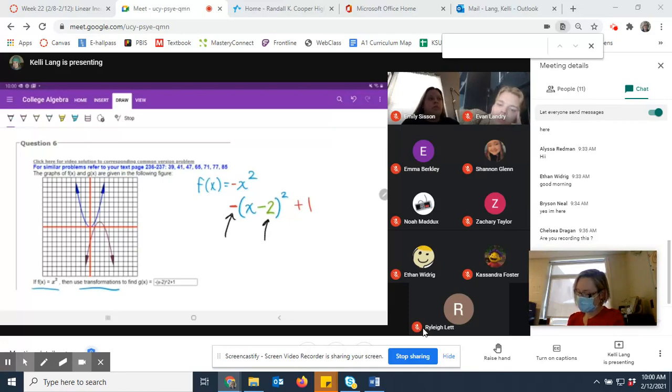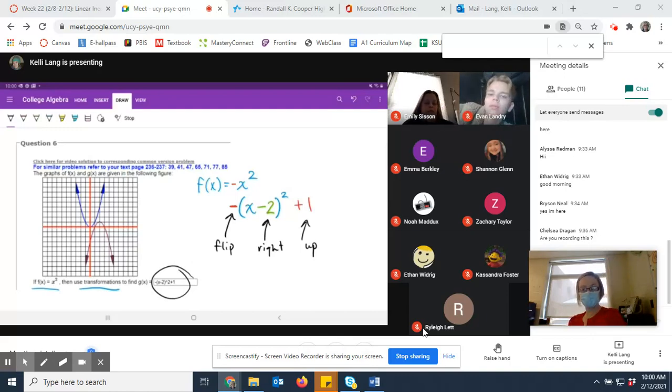This is shifting right, and this is shifting up. And that's how we got from the first to the second picture. And so you're just going to take this information, copy it down in here, do your best to write it with the correct notation. And that's how you go from a transformed picture into a function.